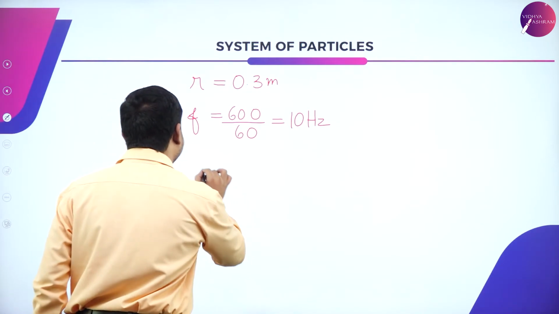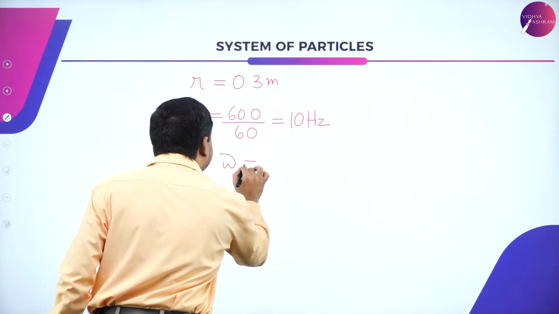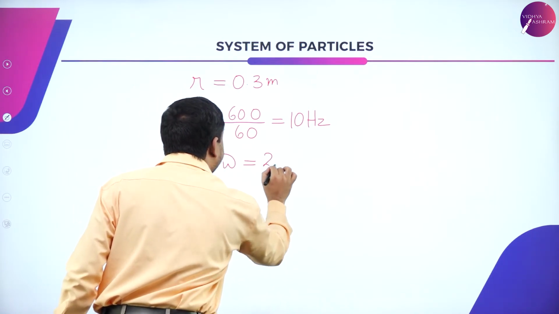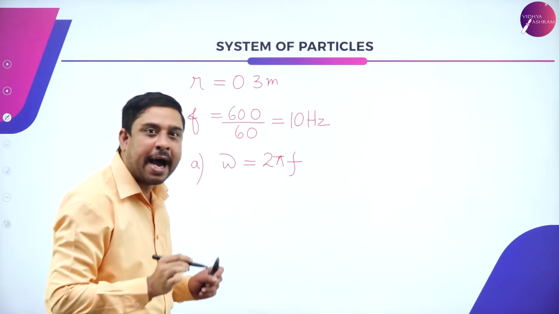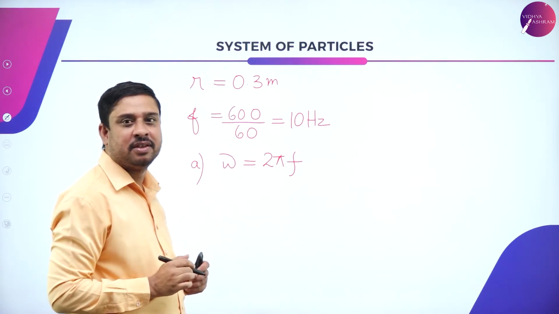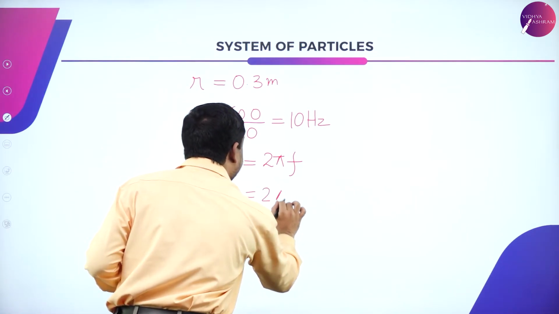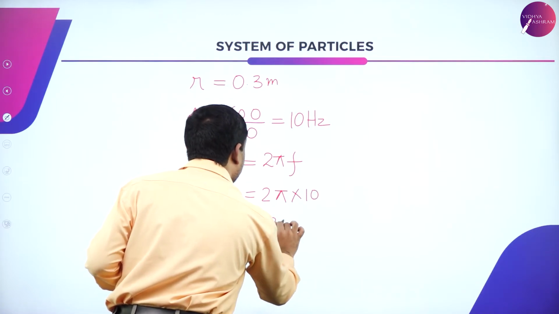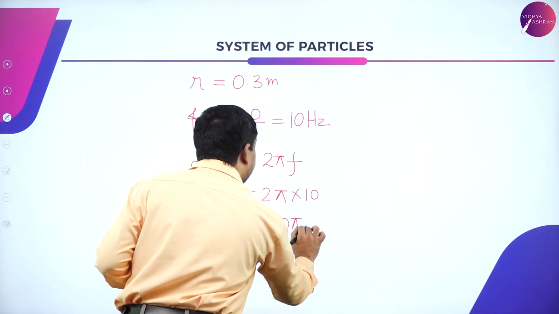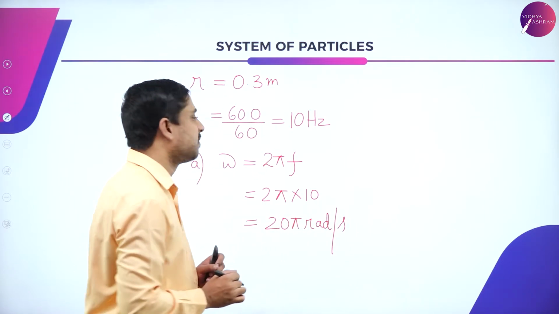Angular velocity. So what is angular velocity in terms of frequency? 2 pi f. F is known. So 2 pi into 10, so 20 pi radian per second.